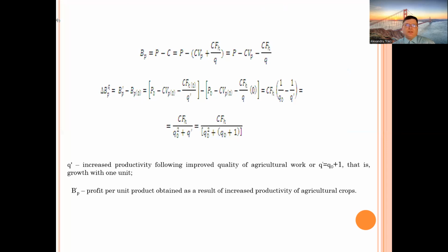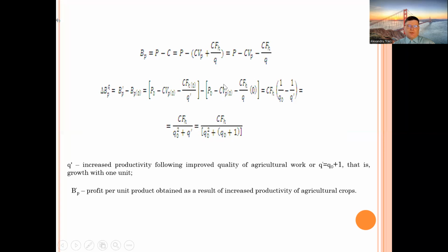It is known that the profit per unit of product expresses the difference between the selling price and unit costs. From the experience of many agricultural enterprises, it has been demonstrated that it is only on account of improving the quality of cultivation and harvesting, without additional costs, that it is possible to increase productivity and profit respectively.